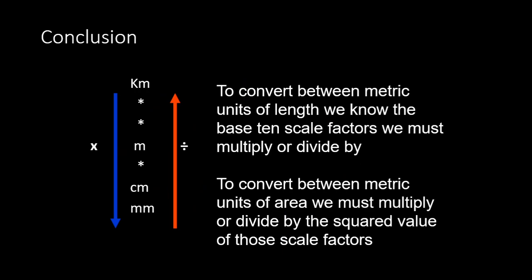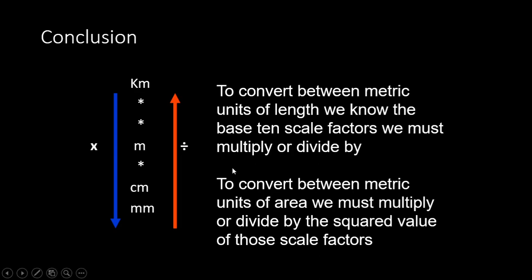In conclusion, to convert between metric units of length, you know the base 10 scale factors that we need to multiply or divide by. A scale factor is a good term for you, a number that you multiply or divide a value by. So to convert between different metric units of area, we multiply or divide by that squared value of the scale factor.